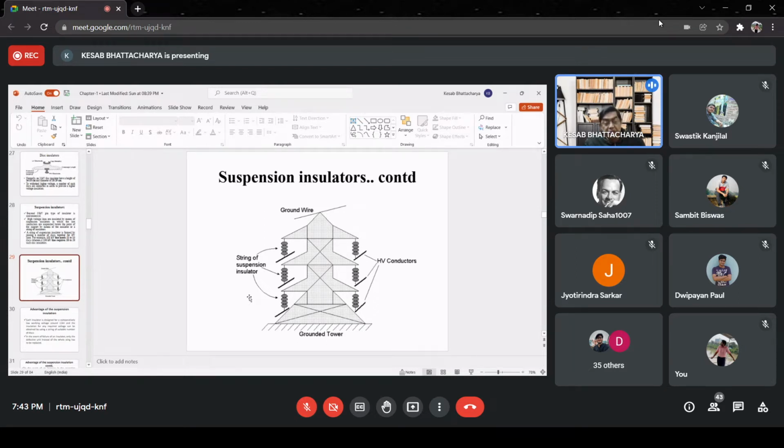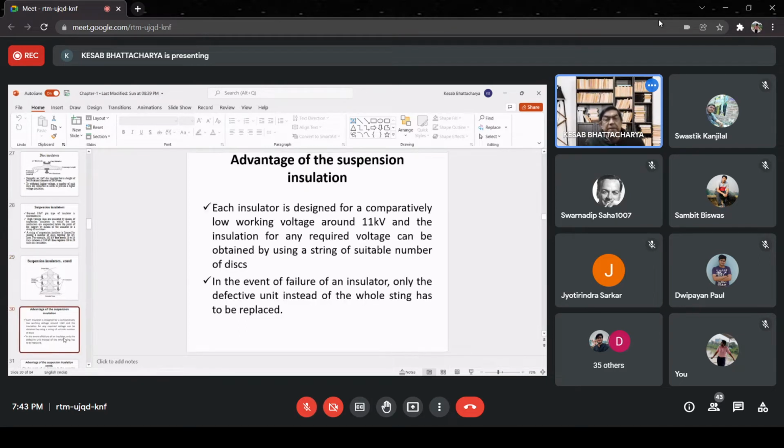Actually, the suspension insulators provide certain advantages over the pin type insulators, and those advantages we shall now discuss. Let us write advantages of the suspension insulator. Just a minute.